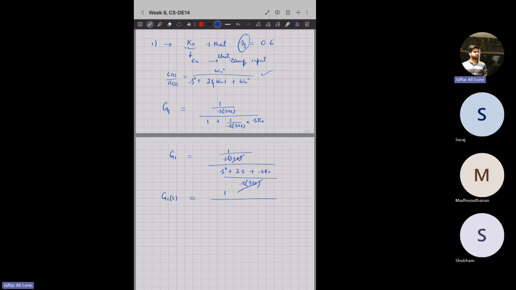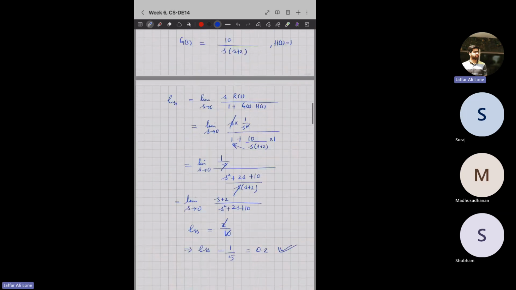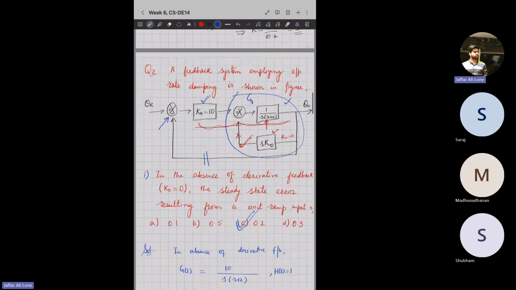My g1 of s will be 1 divided by s square plus 2 plus k naught into s. This is my g1. But you see, this g1 is in cascade with 10.